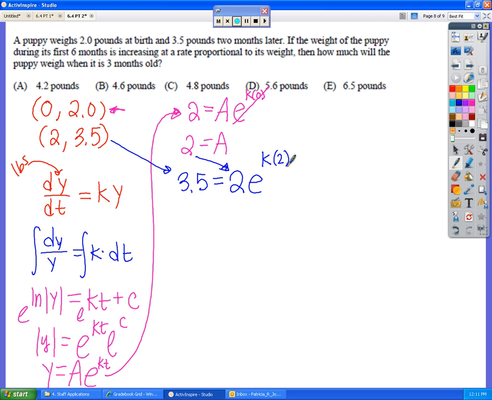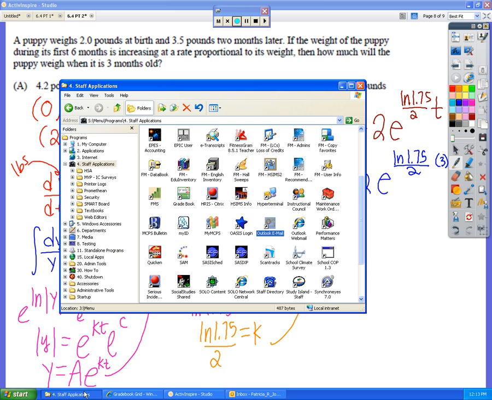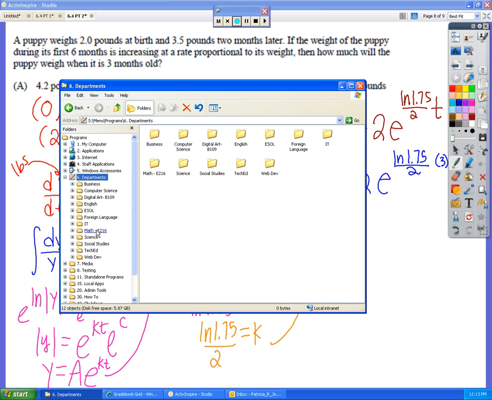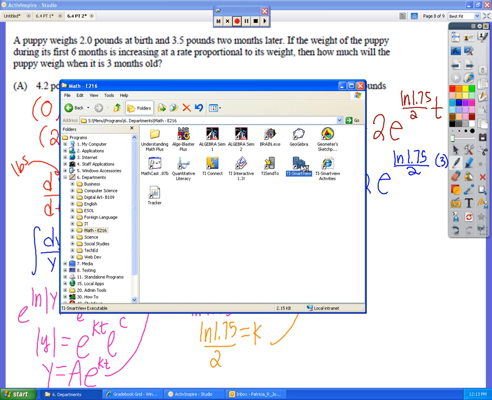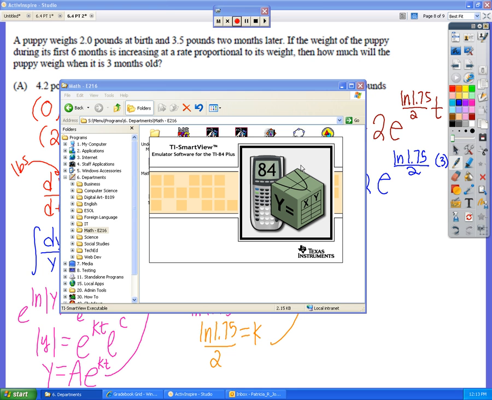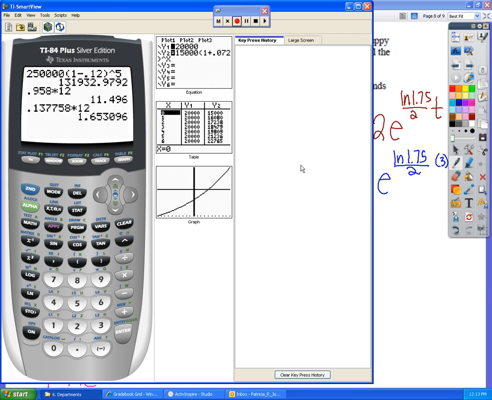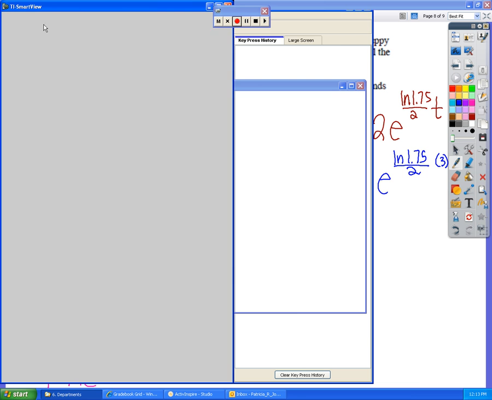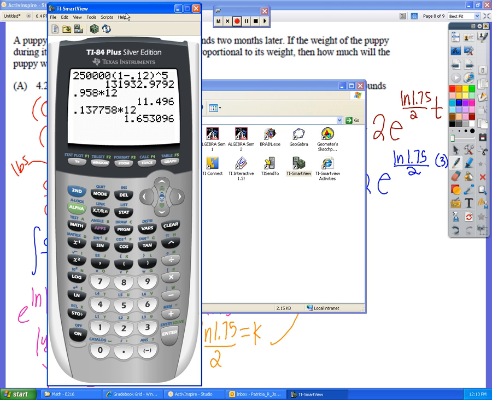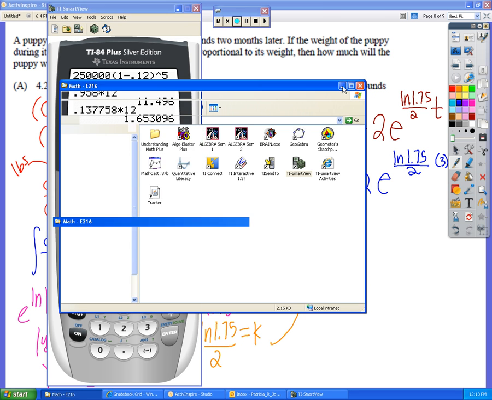So 3.5 divided by 2 is equal to e to the 2k. So here we go.